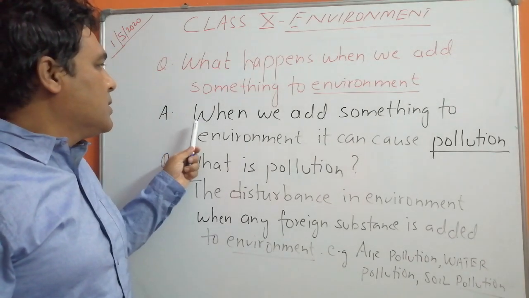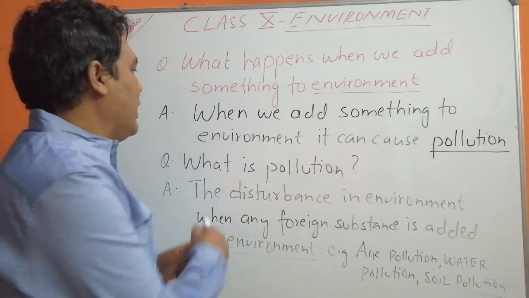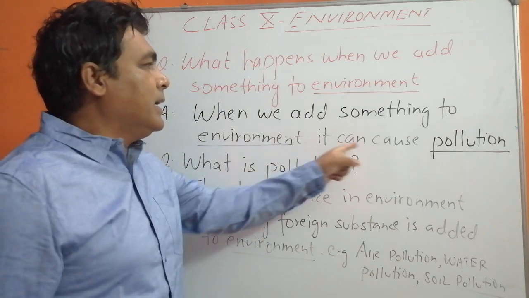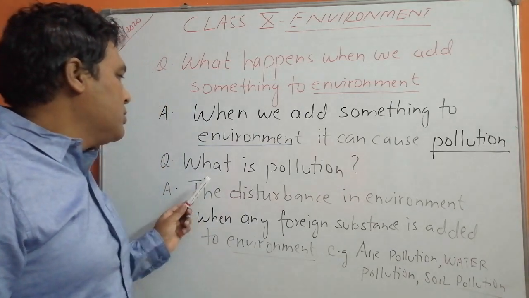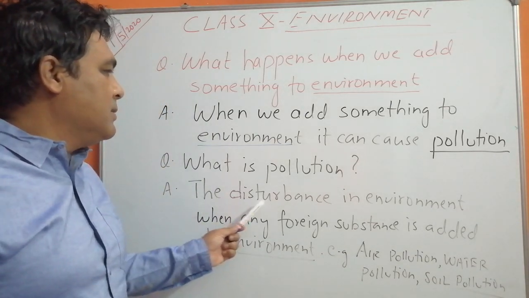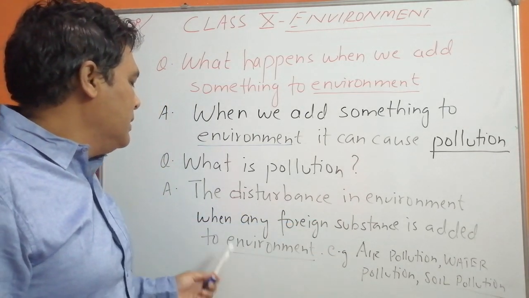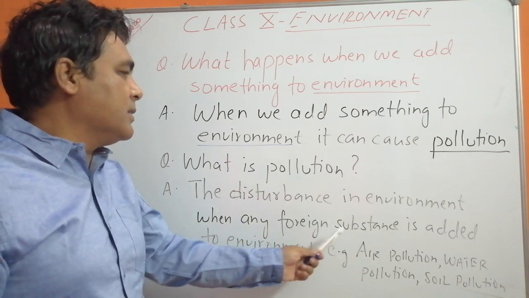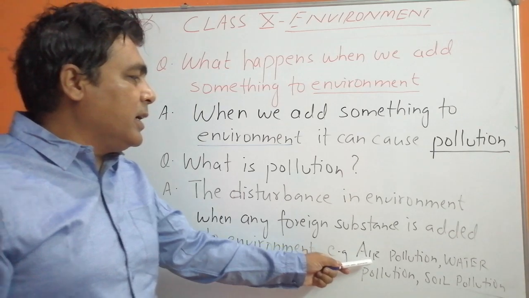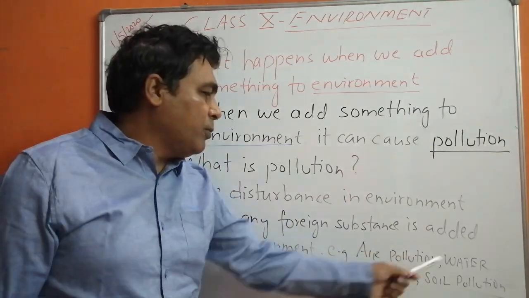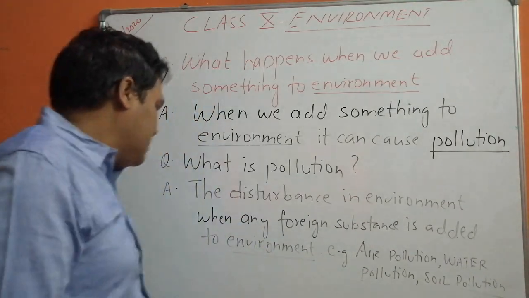The answer is that when we add something to the environment, it can cause pollution. What is pollution? Pollution is the disturbance in the environment when any foreign substance is added to it. It comes up as air pollution, water pollution and soil pollution.